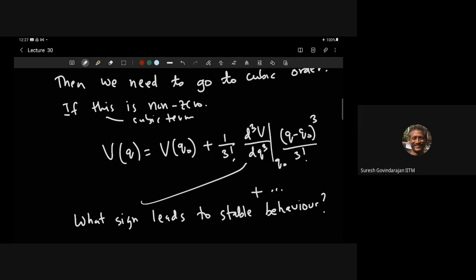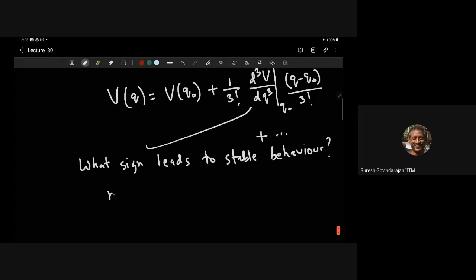So no sign will help. If it's positive, then if q minus q naught is greater than 0, it will be stable, but on the other side, it will be unstable. So this is still unstable. Answer is no sign. That's what you were saying, Jay. So no sign works. It is unstable.